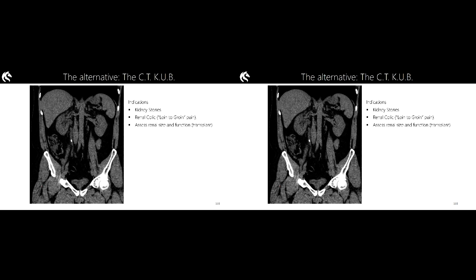So, CT KUB, why do we undertake it? For a patient who's got the possibility of having kidney stones, they have the characteristic loin to groin pain and hematuria, but we might also undertake one of these examinations to assess a patient pre or post transplant.